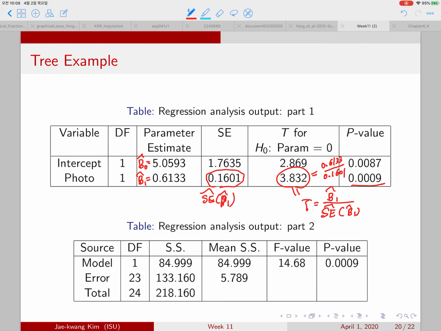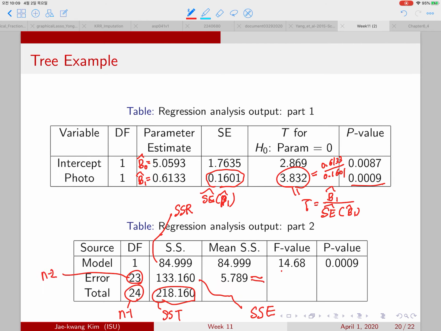And now the F value. So this is a sum of square regression, and this is a sum of square error, right? And this is sum of square total. And this is n minus 1. This is n minus 2.